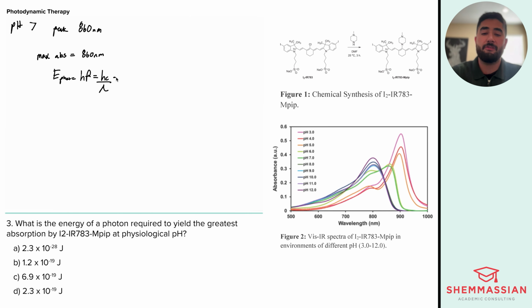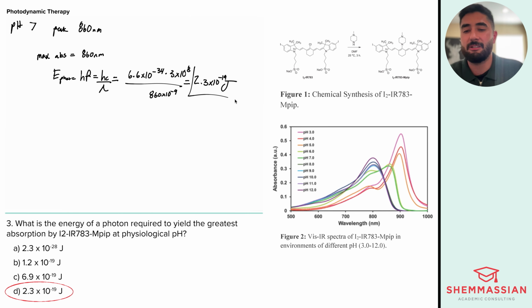So now if we were to start filling in this information, we would have 6.6 times 10 to the negative 34 multiplied by 3 times 10 to the 8, divided by 860 times 10 to the negative 9. And what that would give us is roughly 2.3 times 10 to the negative 19 joules. That would be answer option D.